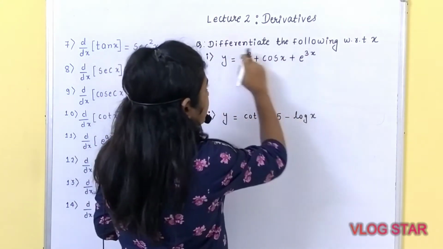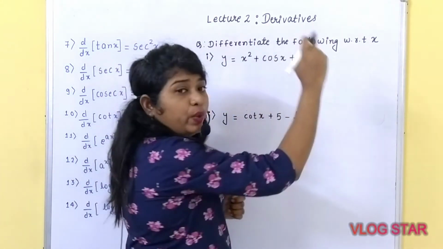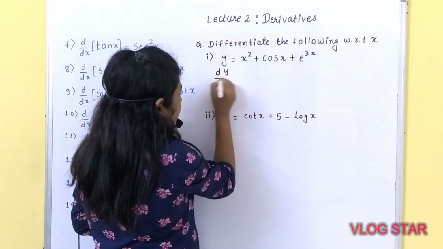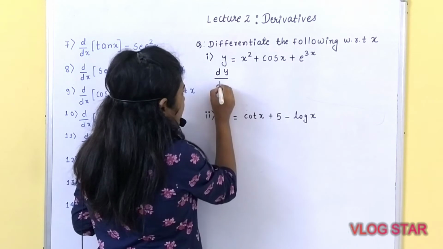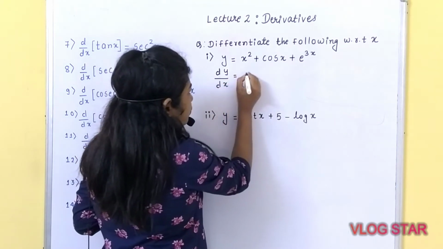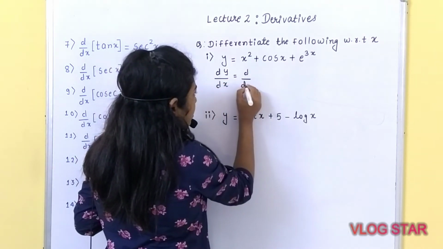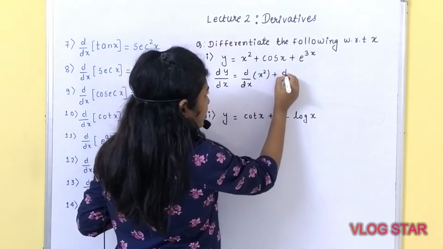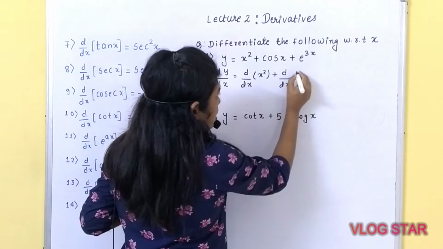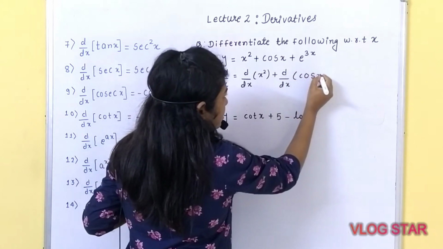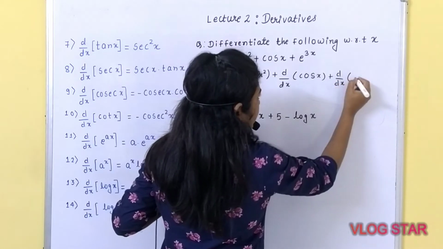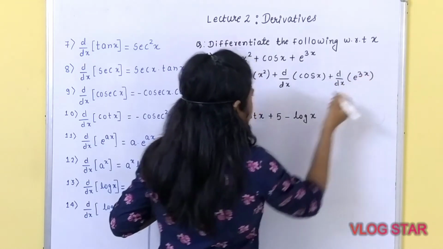So how you are going to write down this? What is the question? Differentiate the following with respect to x. So we have to differentiate this function with respect to x. So first you need to write down derivatives of this particular function. You need to separate out the term. So derivatives of x square plus derivatives of cos x plus derivatives of e raised to 3x.